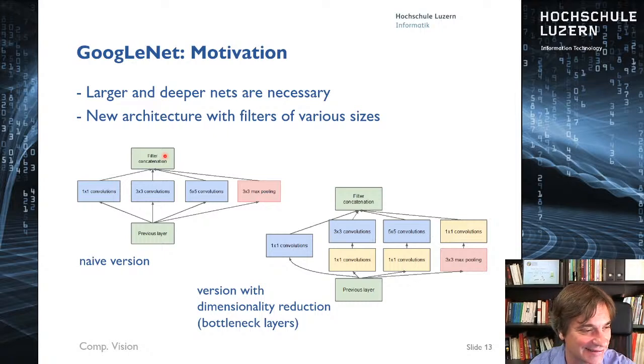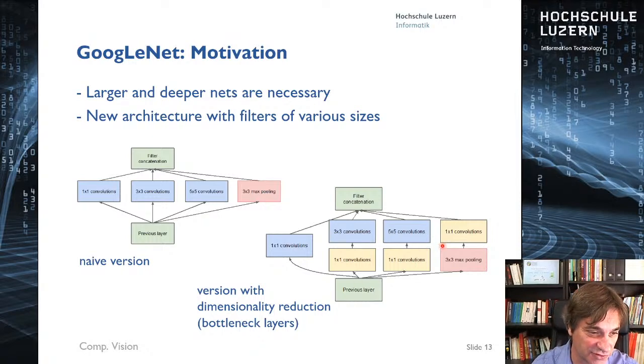When they did that, it turned out that the network would have quite a lot of parameters, because if you have like 256 channels here and you do a 5x5 convolution to another 256 channels, this will be a lot of parameters. So they came up with a concept that has been known as bottleneck layers. The aim of that is to reduce the parameters that you need for that convolution.